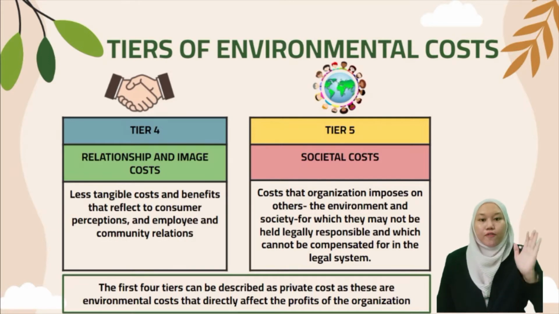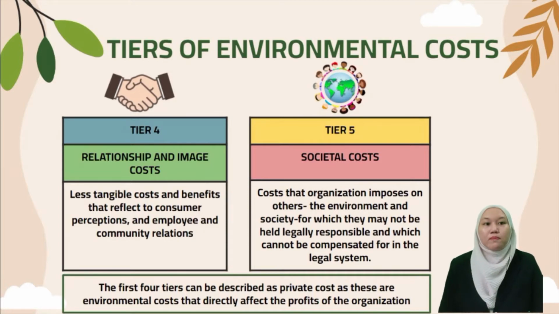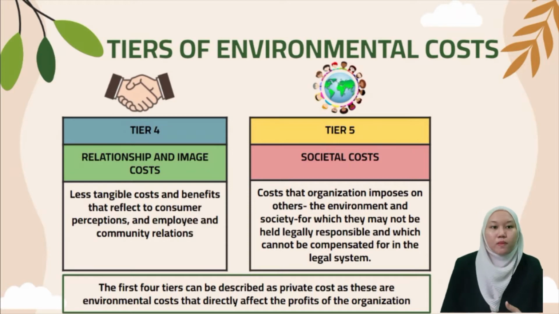Next is the fifth tiers. It's related to the societal cost. It is cost that organization impose to others, the environment, and the society for which they may not be held legally responsible and which cannot be compensated in the legal system. The costs are very difficult to recognize and measure because of the cost of estimating the impact and the specialized environmental knowledge that might be needed to do so.